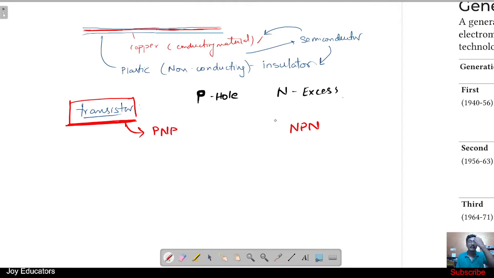If you remember it like this, you will know what PNP and NPN are. PNP is something which accepts, NPN is something which gives. With this information we'll be seeing about transistors.